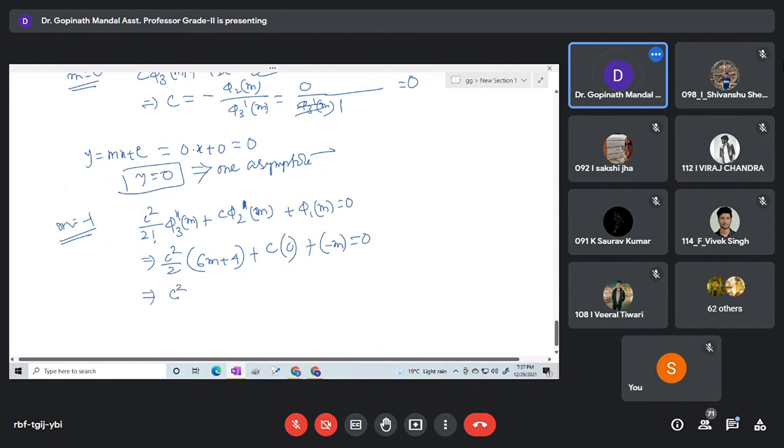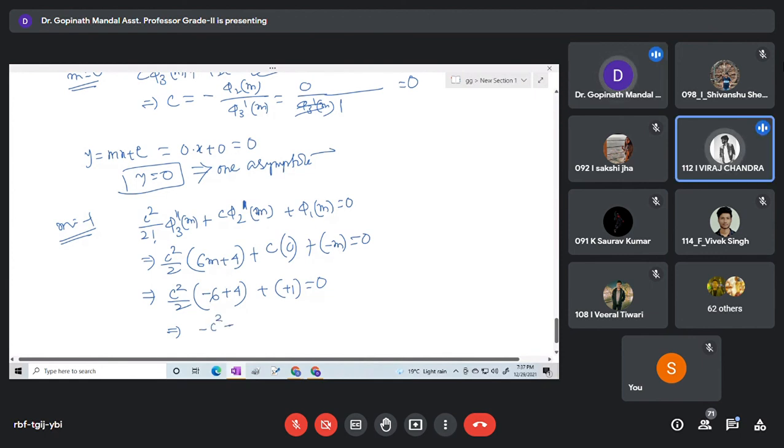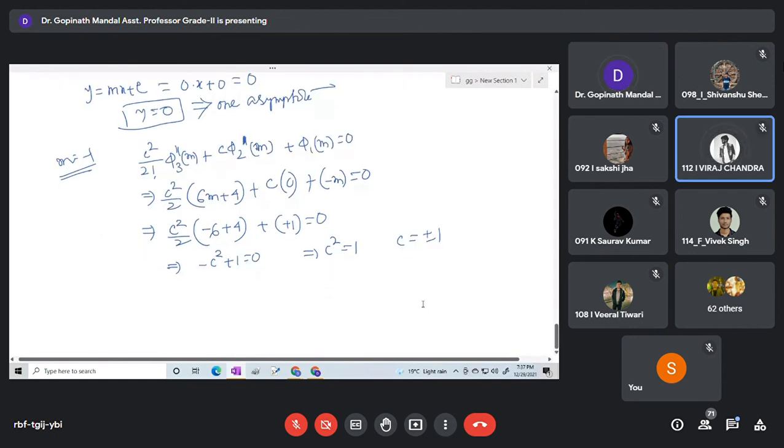So c square by 2, put m value equal to minus 1. So this is (minus 6 plus 4) plus 1 equal to 0. This gives minus 2 c square by 2 plus 1 equal to 0. So c square equals 1, c equals plus minus 1.